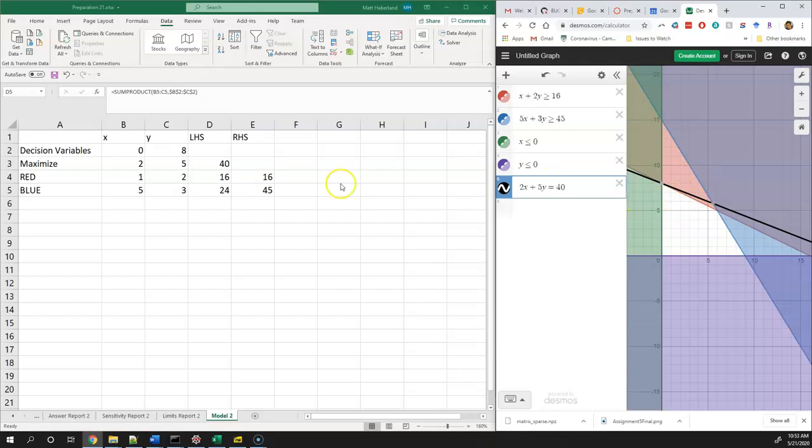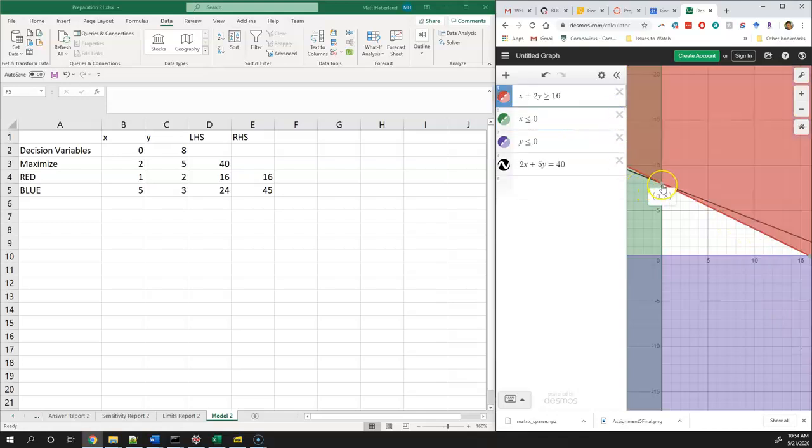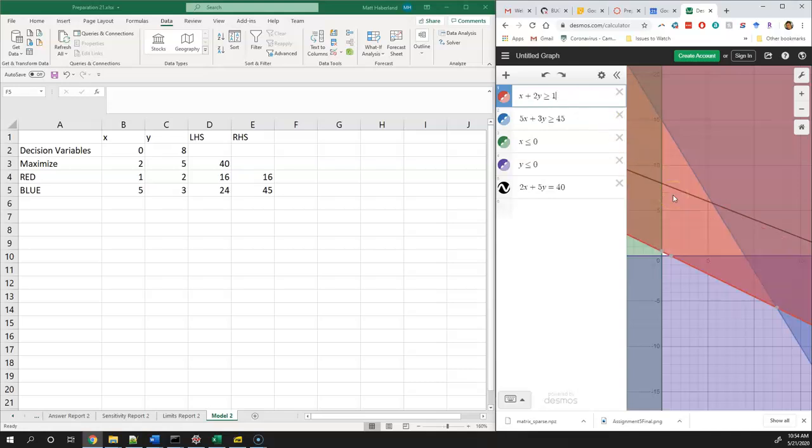If we change this constraint, in fact, if we remove it from the problem entirely, it's not going to affect our optimal solution. Our optimal solution is still there. Whereas the one that's binding, if we change that a little bit, it is limiting what our optimal value of the objective function is.